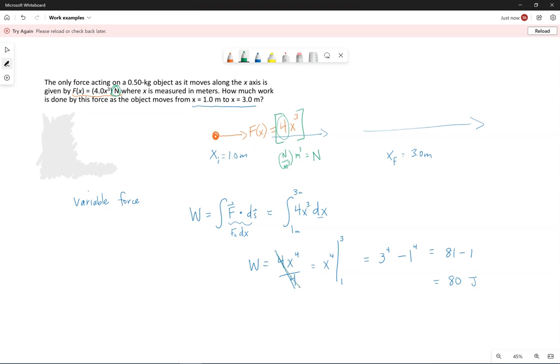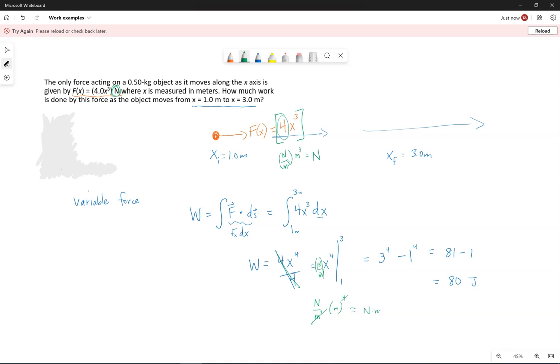So when the 4 down here cancels out, we technically have 1 Newton, sorry, not 3, per meter cubed. And then when we plug in for x, we're going to have a meter to the fourth power. So meters cubed cancels with 3 of those.